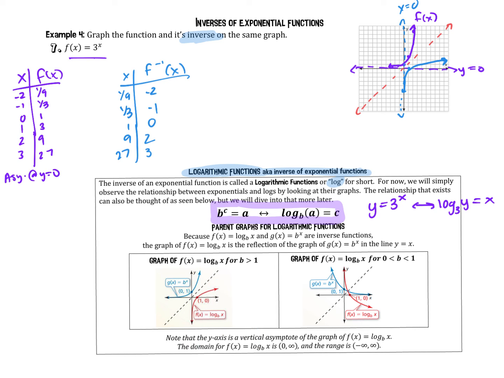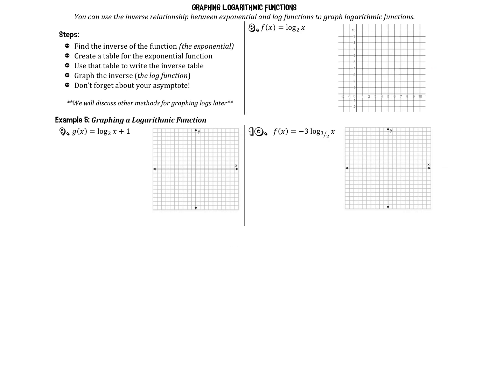So let's actually jump into looking at an example together, sort of similar to what we just did on number 7, where we are going to graph a logarithmic function by first finding or evaluating values in the original function, the exponential version.